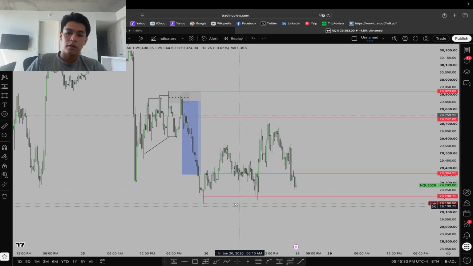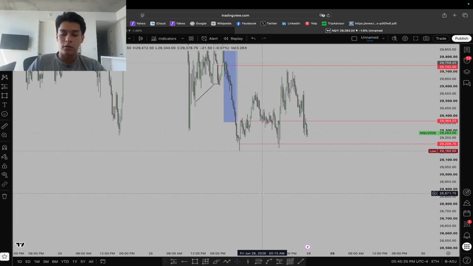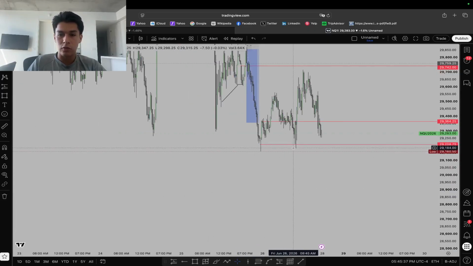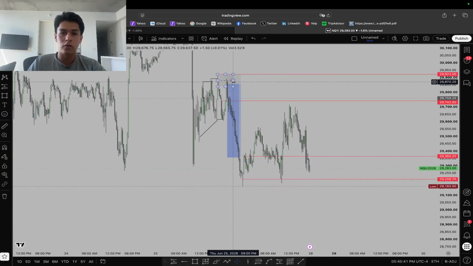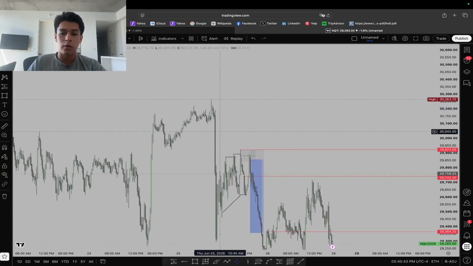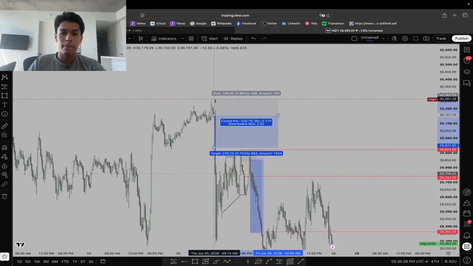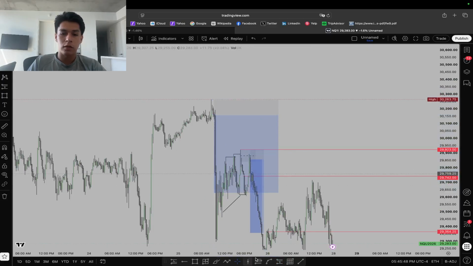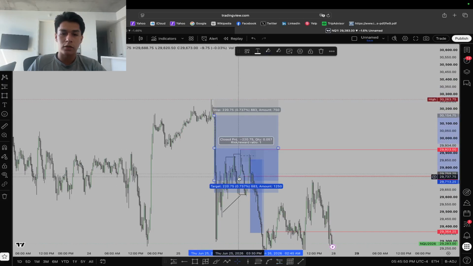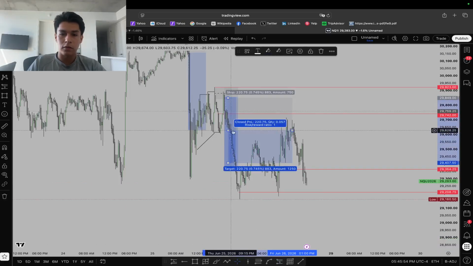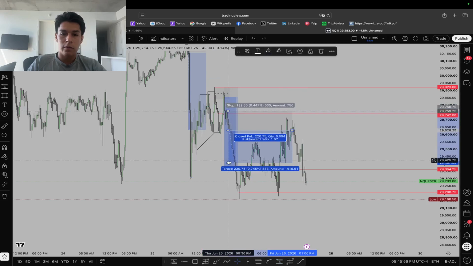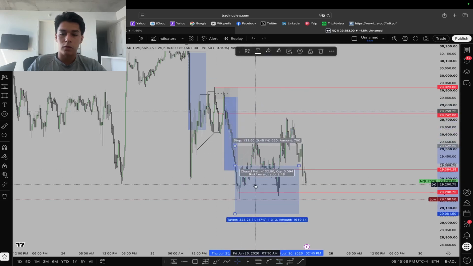And until we break these lows, then you want to see continuation. But from here, you don't want to be shorting this deep into the bottom of the range, right? You want to short here, short up here, maybe short in the middle of this range, or short here, catch a continuation down to here, but you don't want to be shorting all the way down here.